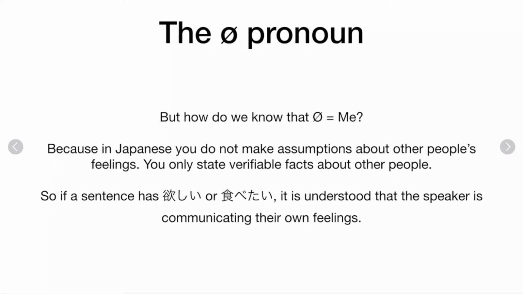You're not guessing what someone else is feeling. So you can't say kanojo ga inu o hoshii, right? Or tabetai, keiki o tabetai. You can't say it on behalf of someone else unless they have told you that. You're not allowed to guess how people feel. This is just an integral part of how Japanese as a language is used.